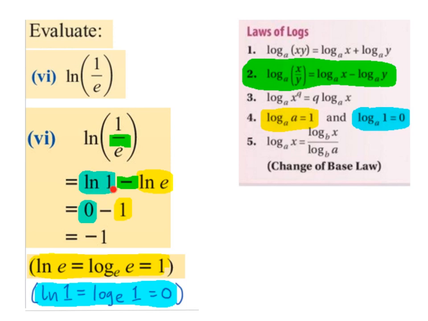The natural log of 1 is 0, because natural log of 1 is the same thing as log base e of 1, which is equal to 0, according to this law. So natural log of 1 becomes 0. And the natural log of e is the same thing as log base e of e, which is 1, according to this law. So we end up with 0 minus 1, which is minus 1.